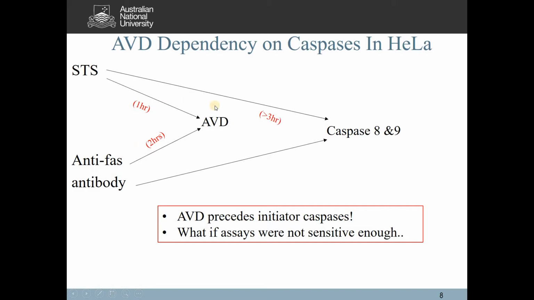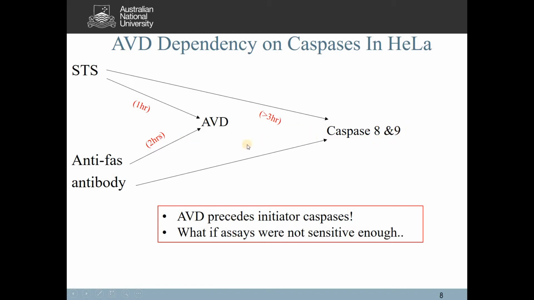Recall, 8 was from the extrinsic, and 9 was from the intrinsic, the mitochondrial pathway, right? So we induced it again with the specific antibodies, and we found that AVD takes 1 to 2 hours respectively to occur, but caspase 8 and 9 both take more than 3 hours to be activated.